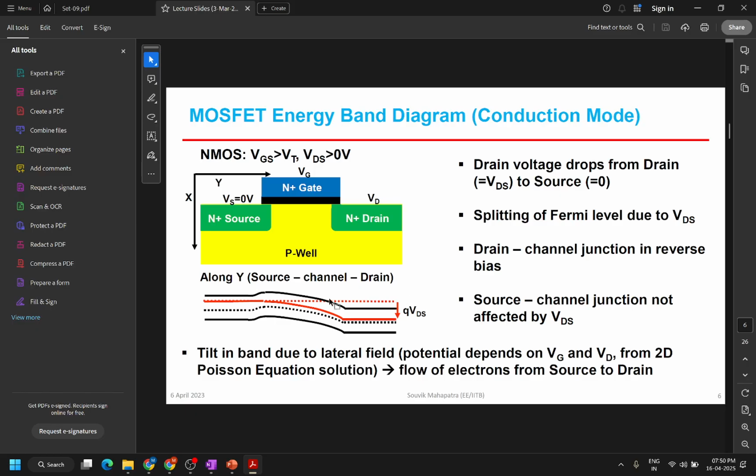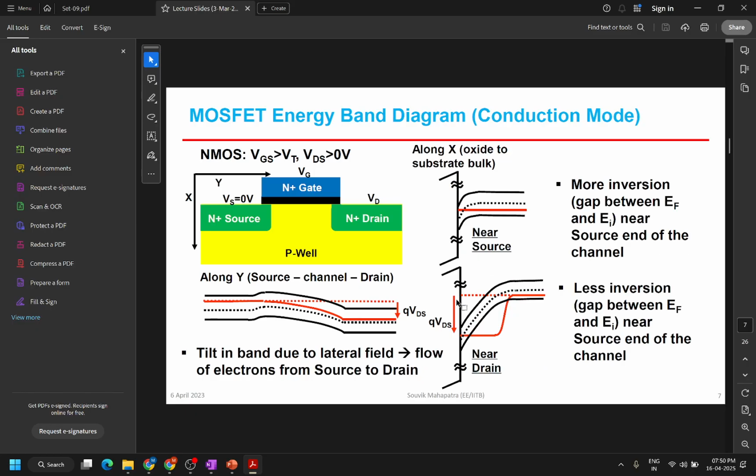If I make a vertical cross section here, it looks like this. But if I make a vertical cross section near my drain, then it looks like this because of my drain induced lowering.